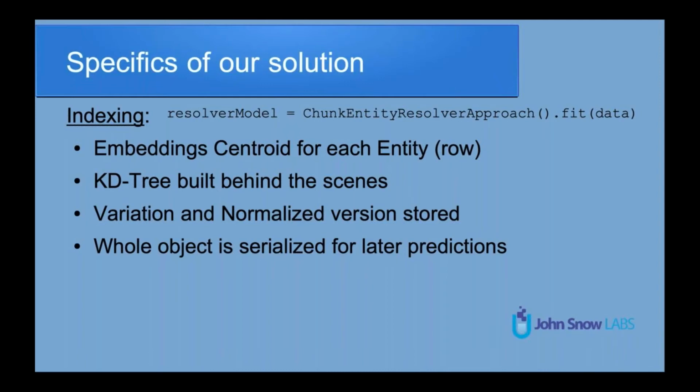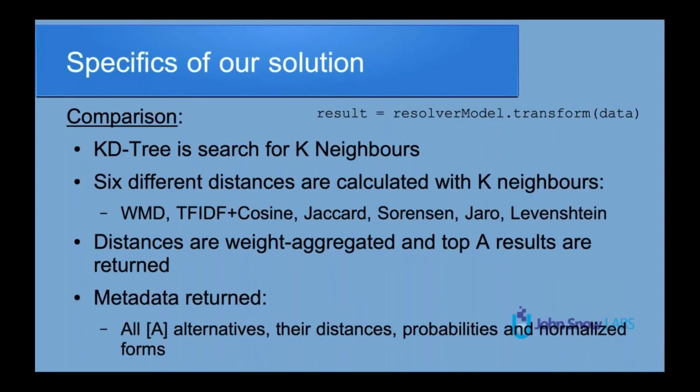And then after we have built this tree, of course, you're able to serialize this and store it to disk for later predictions, right? So this basically covers the whole indexing process, and we use centroids and we use KD trees to build this index.